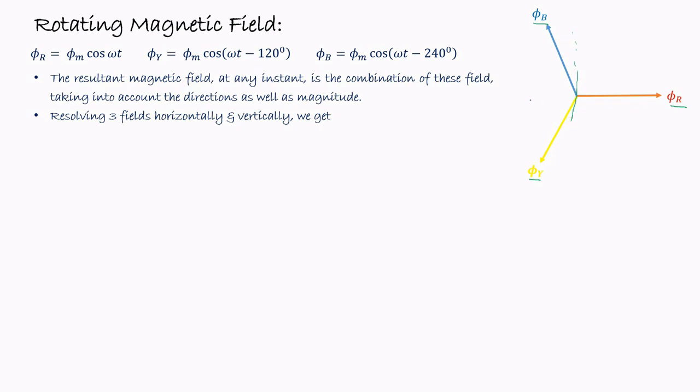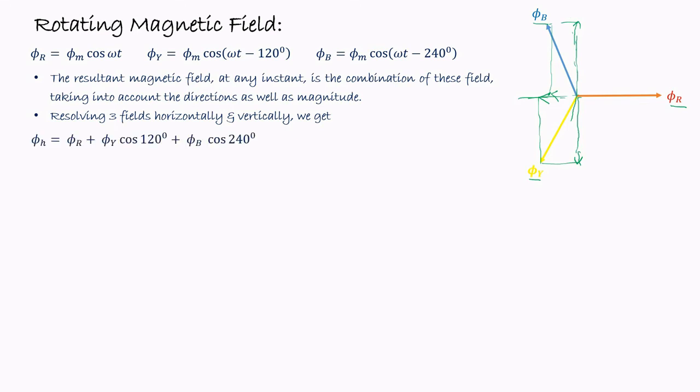One will be in the horizontal line, another will be in the vertical line. Like phi y should have a vertical component here, and it should have some horizontal component. Similarly, phi b should have some vertical component and some horizontal component. Therefore, if we join all the horizontal components and all the vertical components, we'll get the corresponding fluxes.